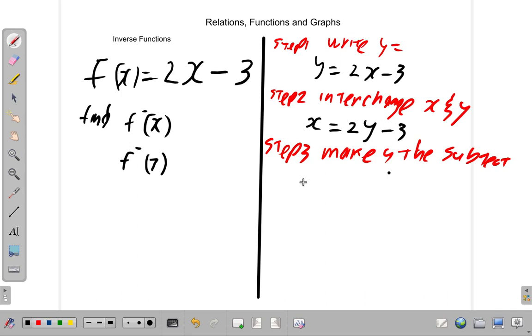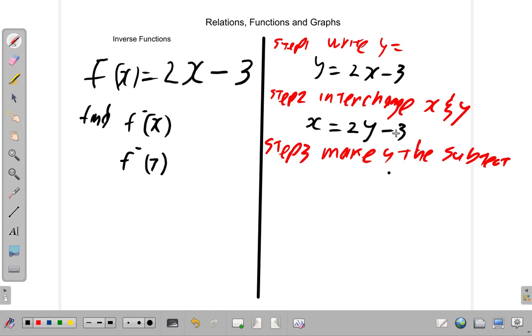So here, in transposing, we want y equal and everything else on the other side. Now we have to get rid of our minus 3 and get rid of our 2. It would make life a lot easier to get rid of the minus 3 first, and then get rid of the 2, so you have y alone when you're transposing.